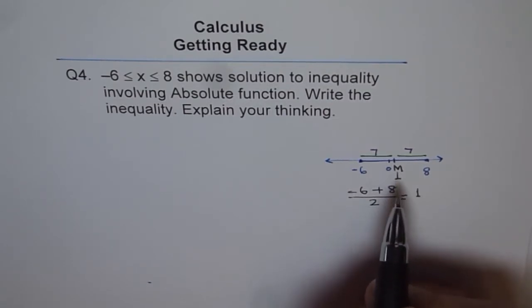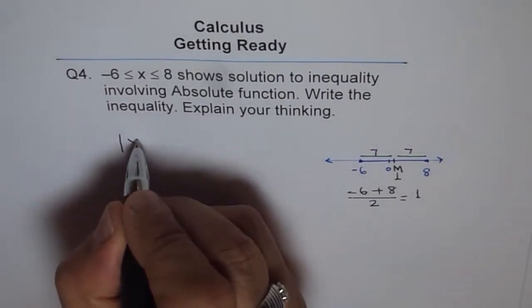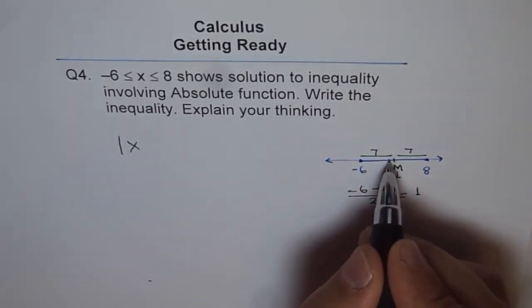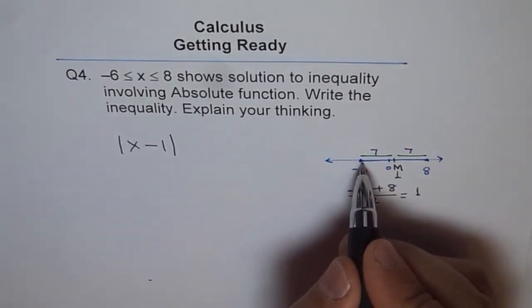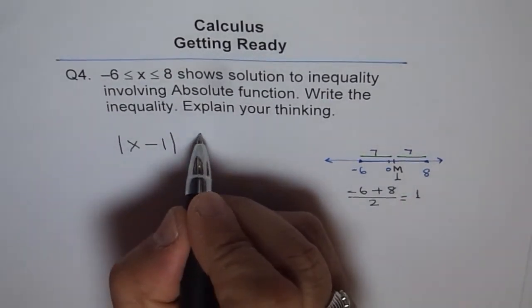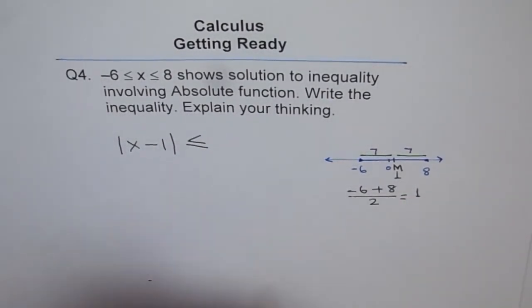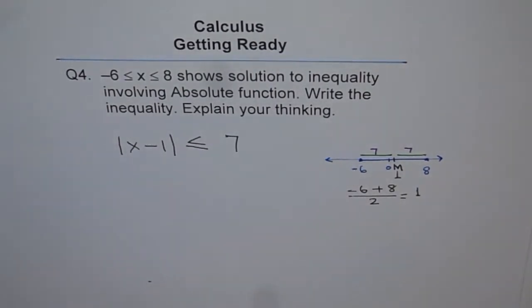Therefore, we can write our solution as absolute value of x, moved 1 unit to the right, minus 1. And since these 2 points are included and they are within, this should be less than or equal to 7. Do you understand? That is the solution.